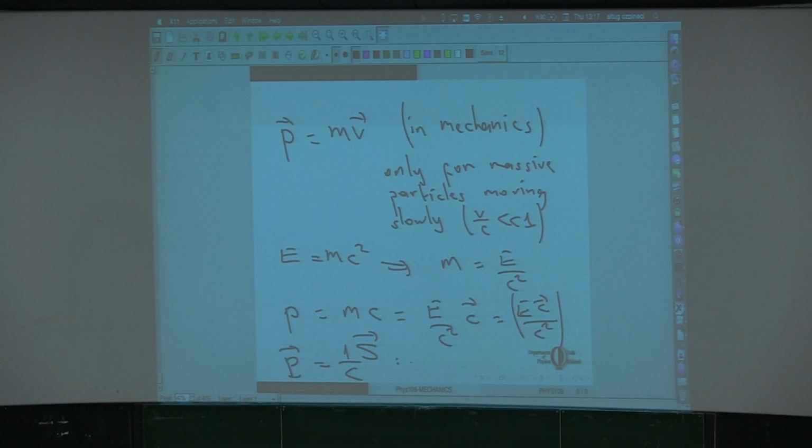This is the momentum density. So now we also have the momentum density of the electromagnetic wave.